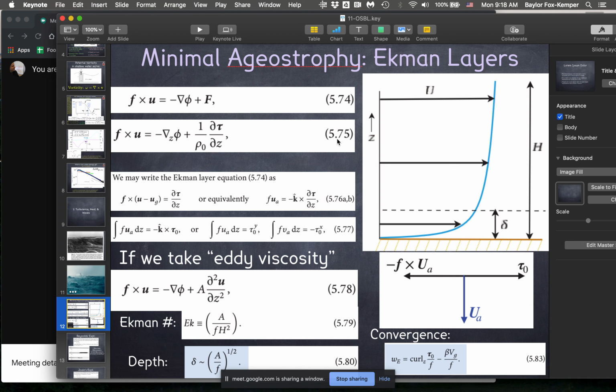If we think about the simplest steady state balance that we might have in a boundary layer, we could have the Coriolis force, maybe a pressure gradient, and then also a frictional force. At the very surface, or actually even below the surface, the frictional force would be the divergence of a stress.